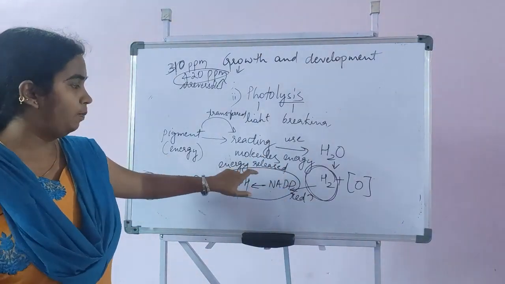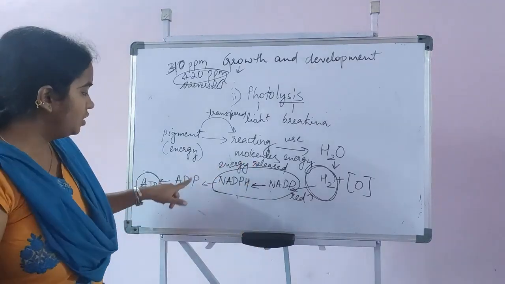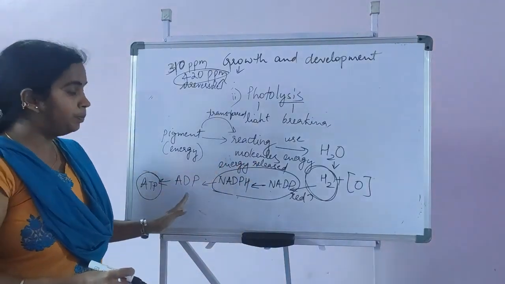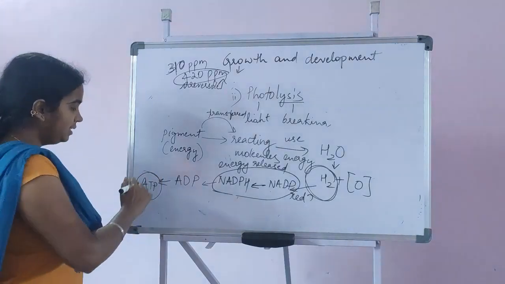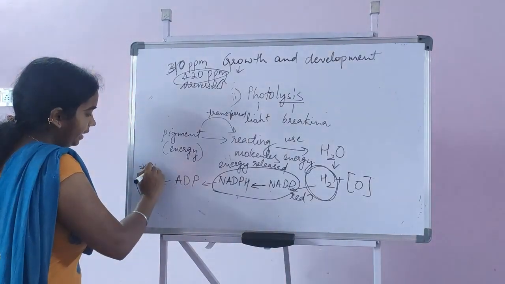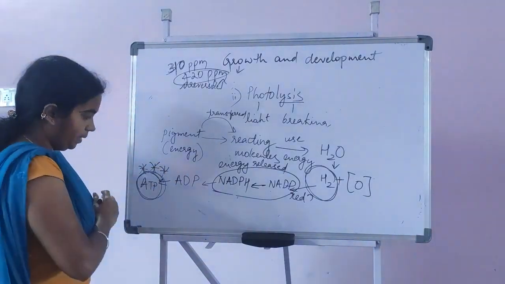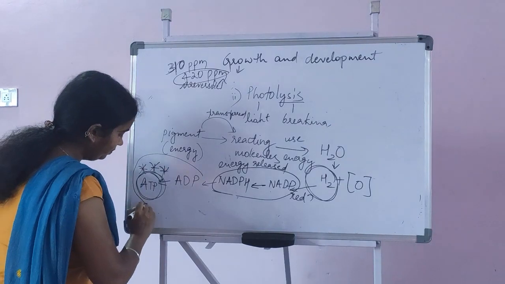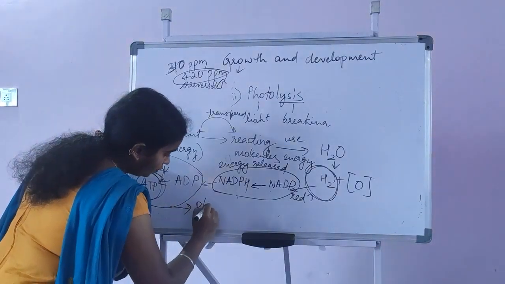In this conversion process, again energy is released. That energy is consumed for the production of ATP from ADP, which is the ultimate energy-giving molecule in the plant. This conversion we call photophosphorylation.